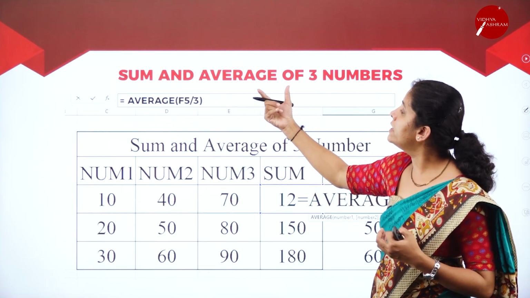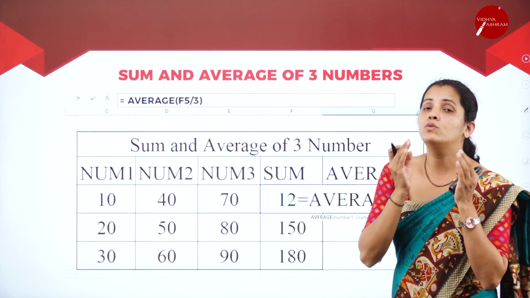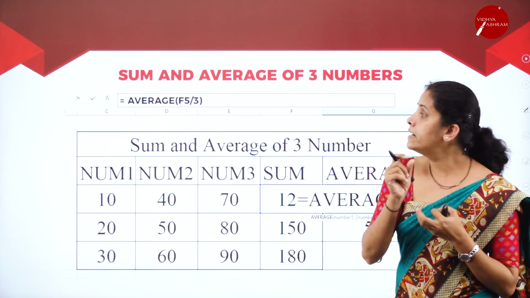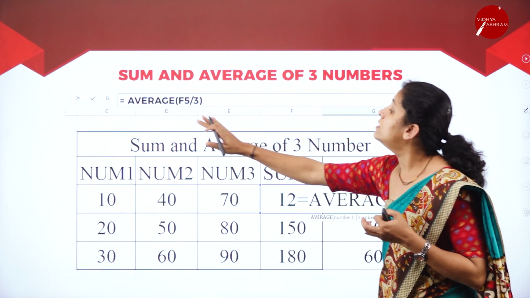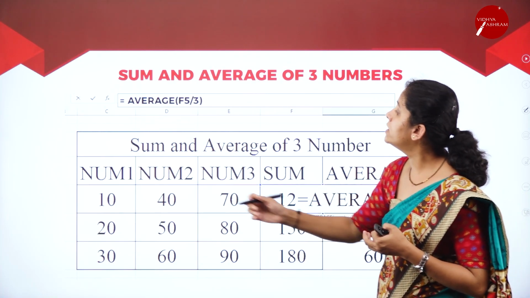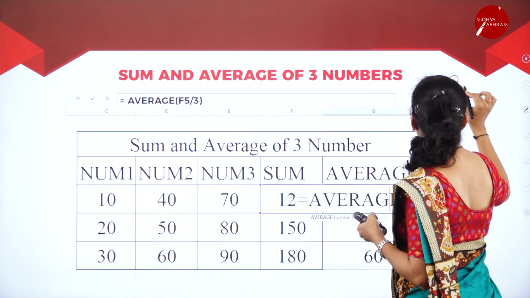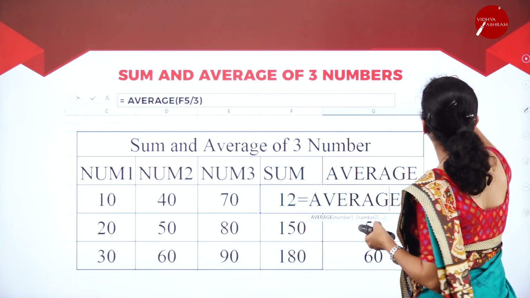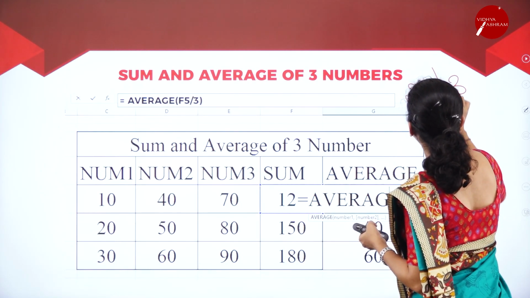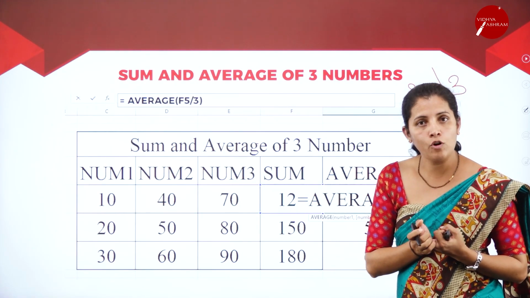Then to find the average, what I want to do is calculate the sum of the given numbers divided by the total count of numbers I'm going to have. So here how many numbers do I have? That is nothing but 3. Then I'm going to find the average, that is sum divided by 3.